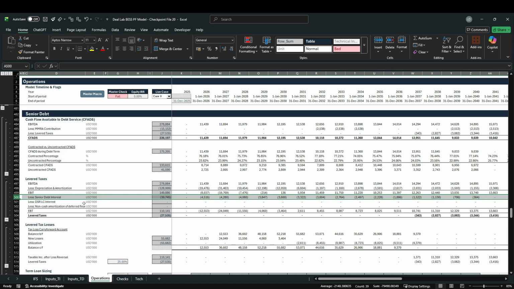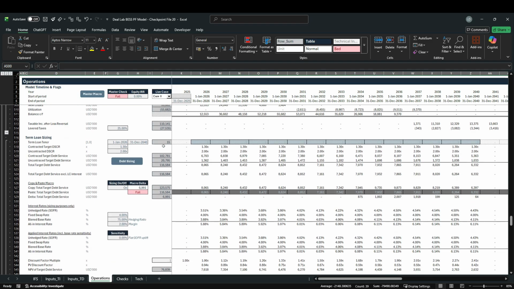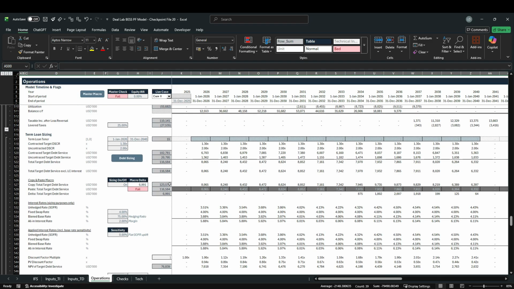So now that we have modeled our senior debt interest, what is going to happen is that our taxable income is reduced by the total senior debt interest expense in each period, which essentially lifts up CFADS, and we can actually see the lift up on a target debt service basis, where we now have 123.5 million versus previously only 116.5 million target debt service.